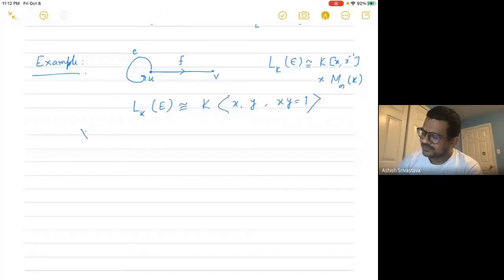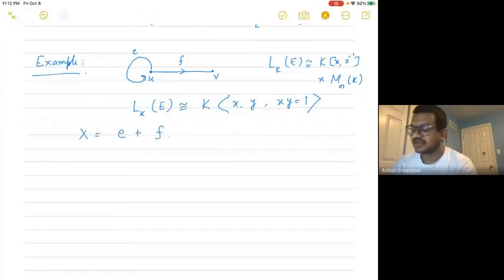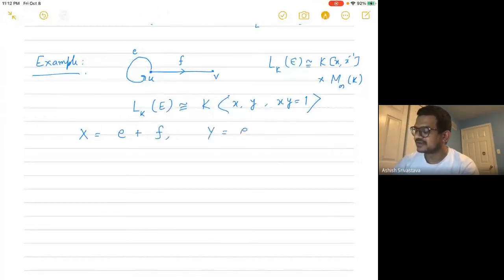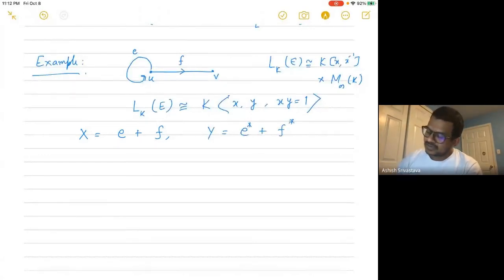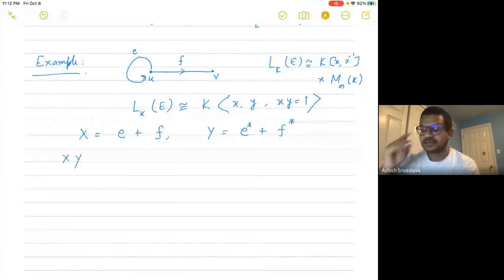To see this, let's first take x to be e plus f, and let's take y to be e star plus f star. Then what will be xy? Let's do things slowly.